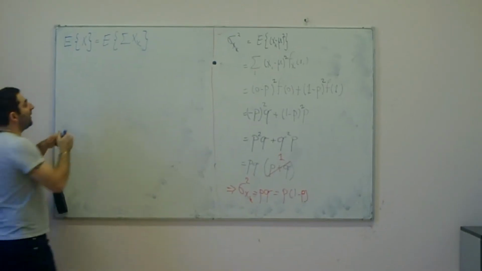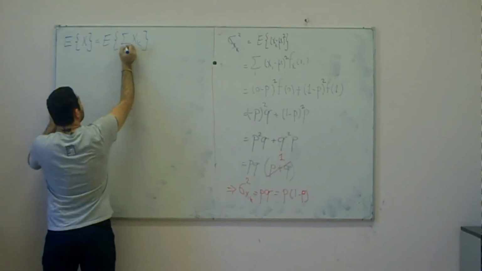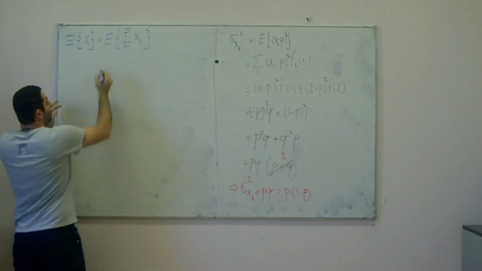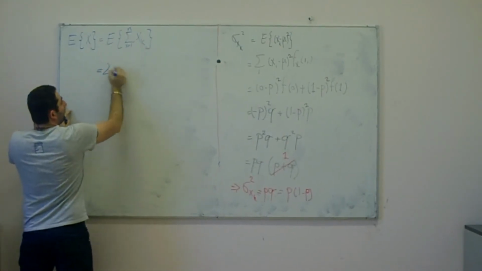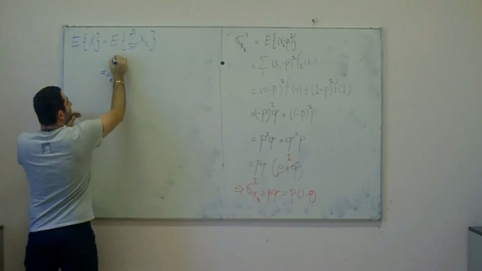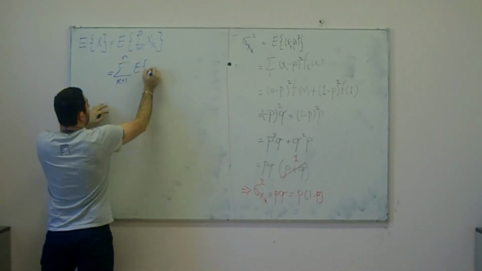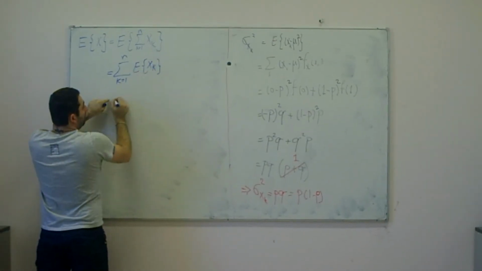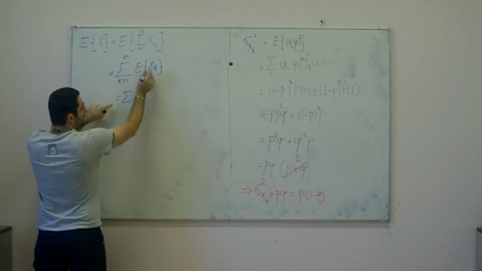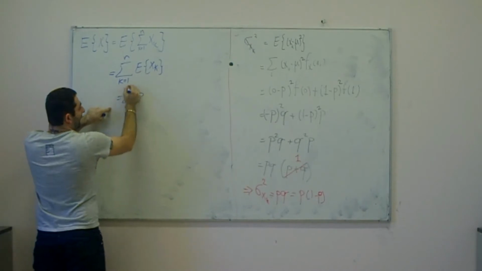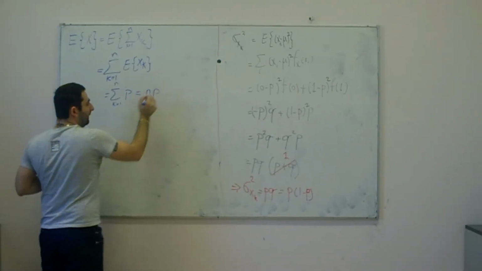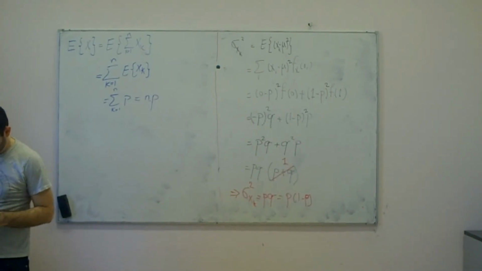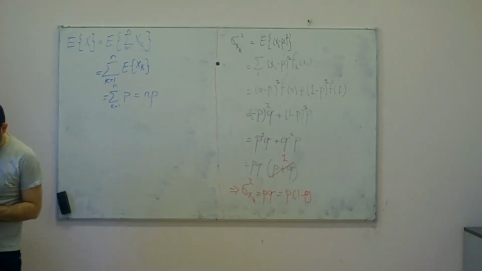So how many of them do I have here? N. So because they are statistically independent, we know that this is P, and we have n of them, so the result is NP.